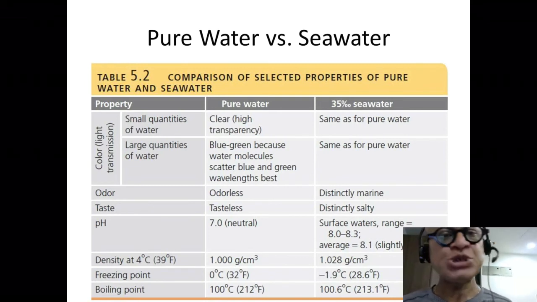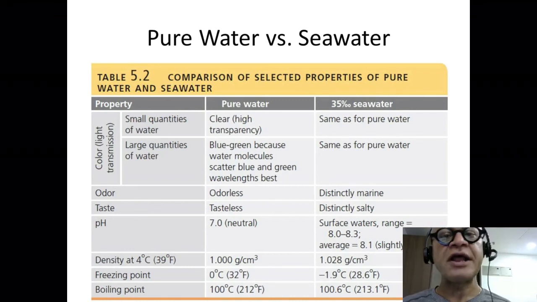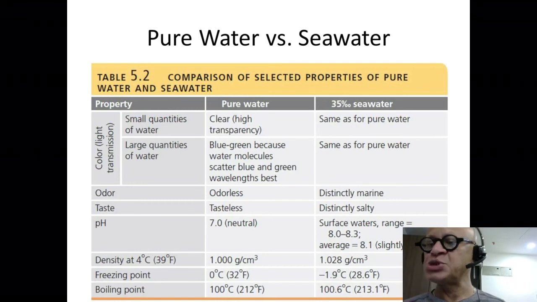The pH, we'll define pH a little bit later on, is 7 for pure water. It's neutral, whereas all the salt in the seawater actually makes it alkaline. So surface waters range in pH from 8 to 8.3. On average, the ocean has a pH of 8.1.